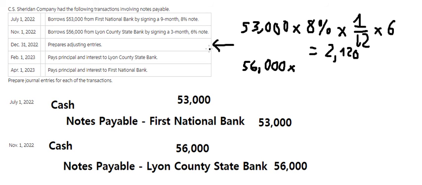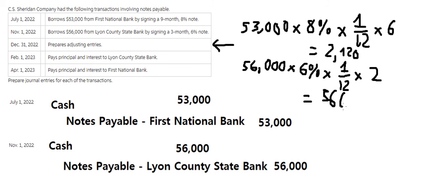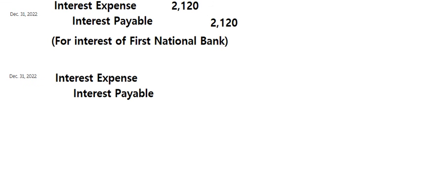We multiply by 6%. We divide by 12. But we have only 2 months, so we multiply by number 2. So this one we have 560. So we put 560 on here.